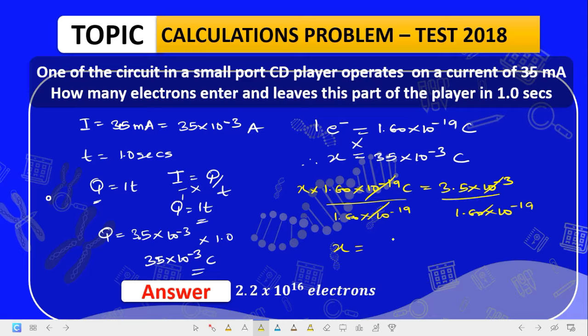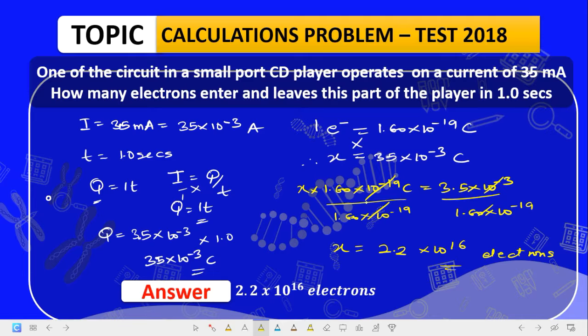Our answer would be 2.2 times 10 raised to the power of 16 electrons, and that is the correct answer to that question.